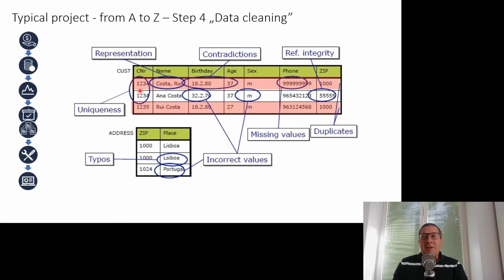Moreover, we can have the same entry, like here, the same name, coded in different ways. One is, let's say, Costa Rui, and here we can see the Rui Costa. This is, of course, the same guy, but if the algorithm will compare the name cell, it can see that those are different entries, different values.